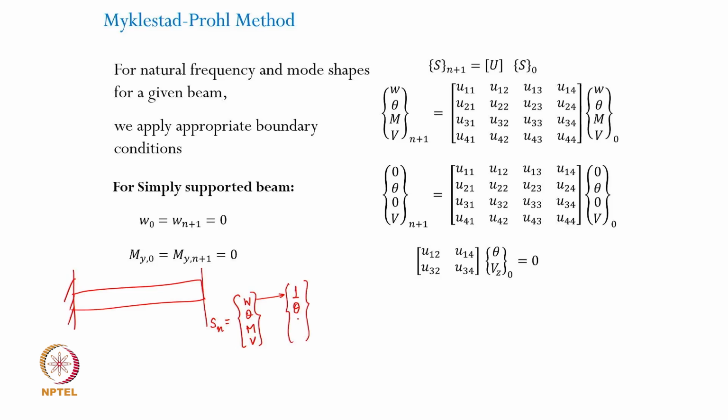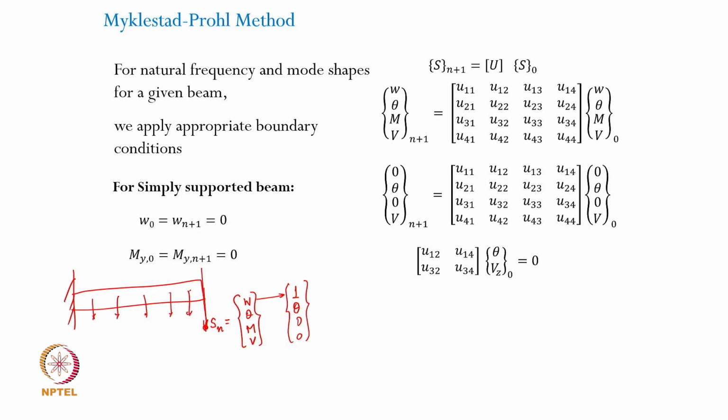Starting with this particular state vector, I can keep going backwards exactly the way we have done it for the Holzer method. You assume that the deflection at the free end is equal to 1 unit. With respect to that 1 unit, how much is the deflection at each of the segments?